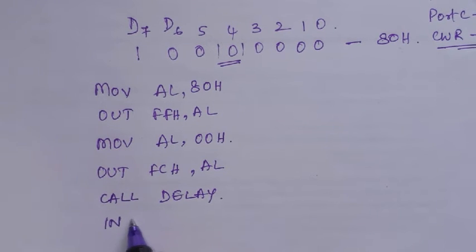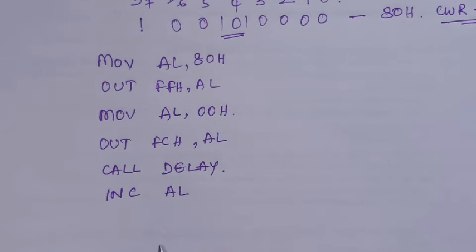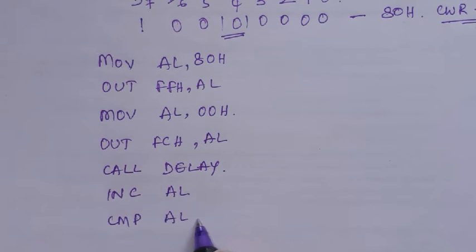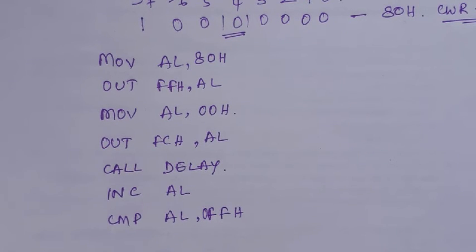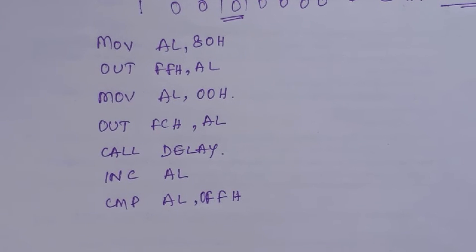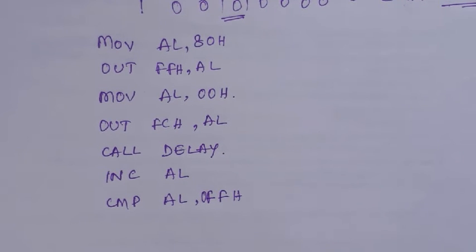Okay, so increment AL. Now AL becomes 01. Now compare this AL with FF. That is, we are finding out whether this has reached the maximum digital value, that is FF.